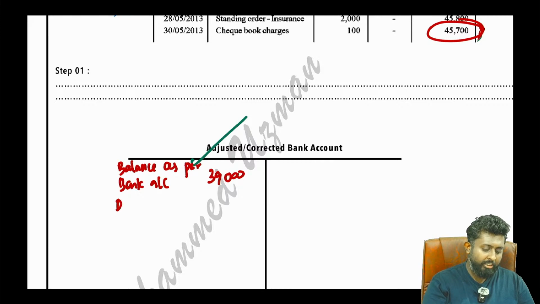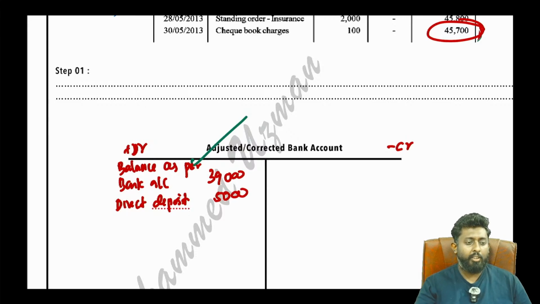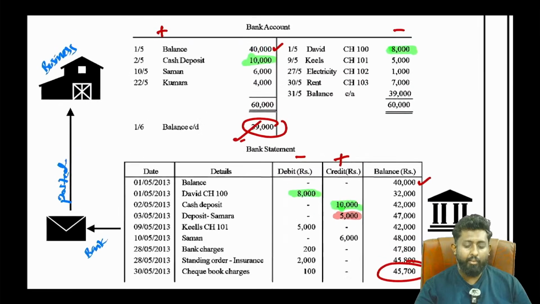Addition means debit, and here minus credit, direct deposit 5,000. We just recorded the item that we haven't added.